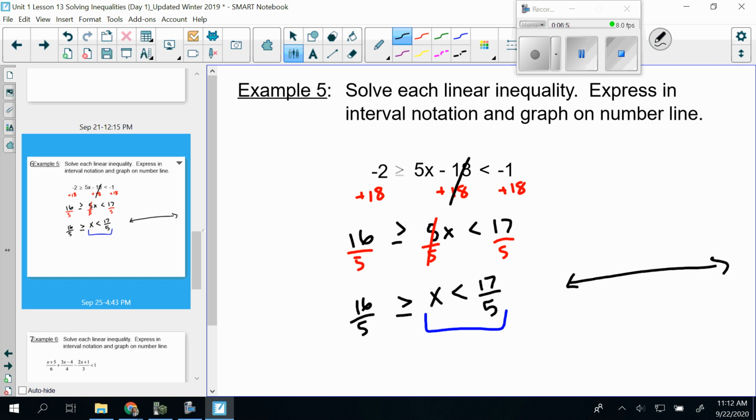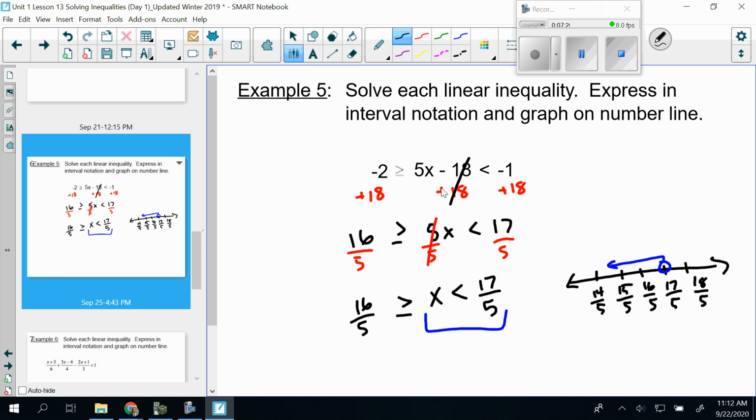So if we had a graph here, I'll just go by fifths. So we'll say this is 14 fifths, 15 fifths, 16 fifths, 17 fifths, 18 fifths. Less than 17 fifths, that would look something like that.